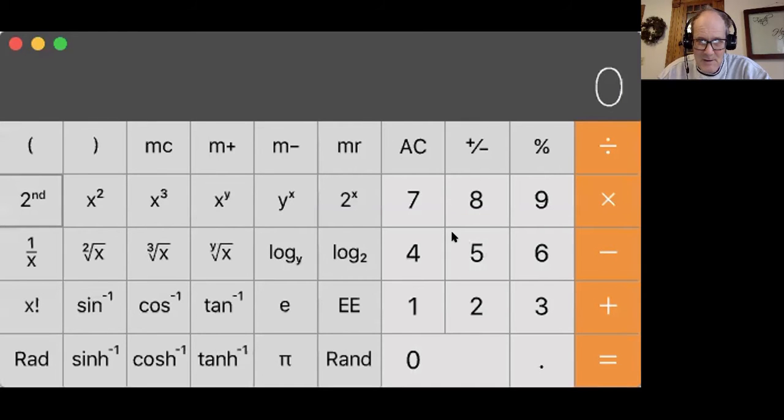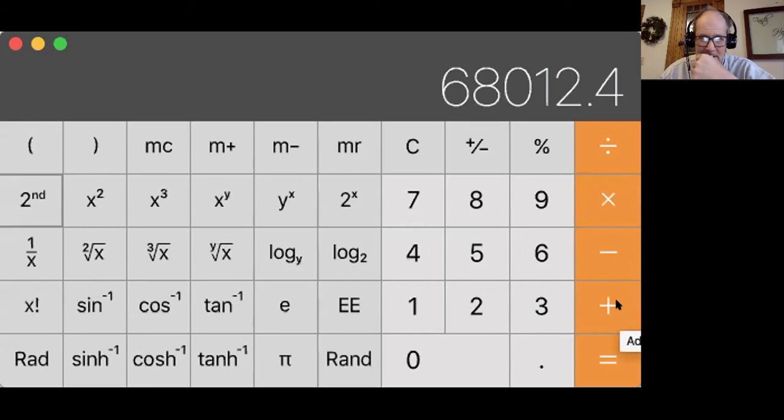So there's our calculator. We have 3.14 for pi times 19 times 19 times 60. And I end up with 68,012 cubic inches.